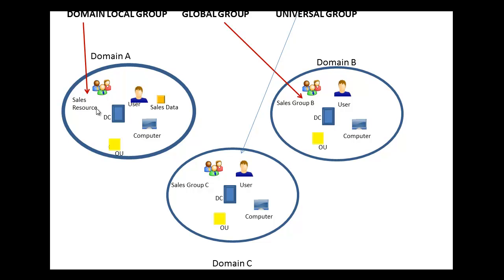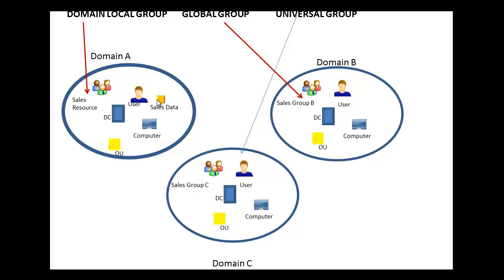The domain local group is the group that you are going to give permission to access that data. So you create the group, you call it sales resource, and then you go to your sales data folder and you give the sales resource domain local group permission to access that data.